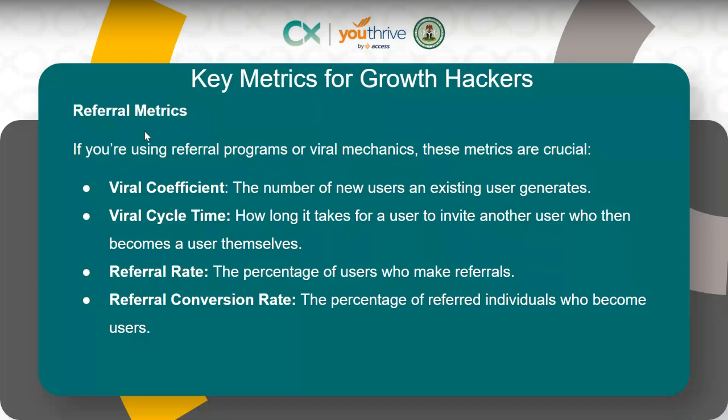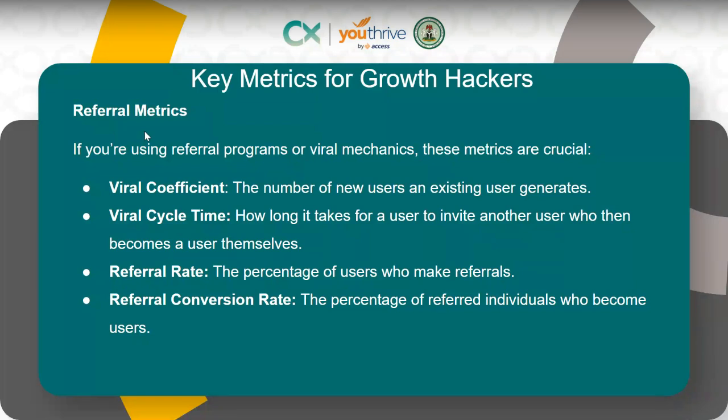If you're using referral metrics, you really want people to keep referring, especially if you have a really attractive incentive. So you want to know how long it takes for one person to refer another person to start using your product.